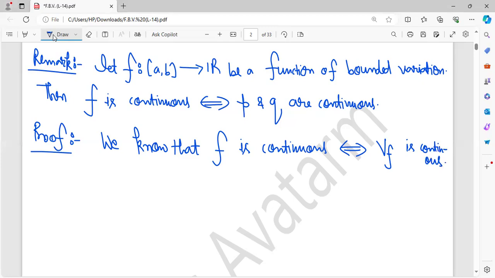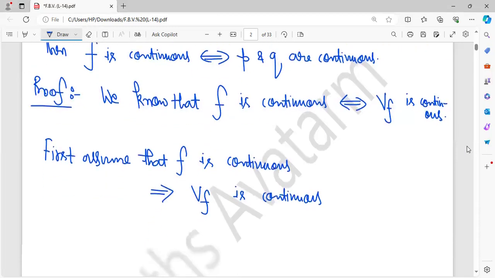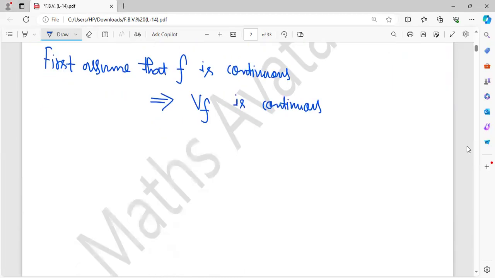Now first assume that F is continuous. Then this implies BF is continuous. So now we have F and BF are continuous.